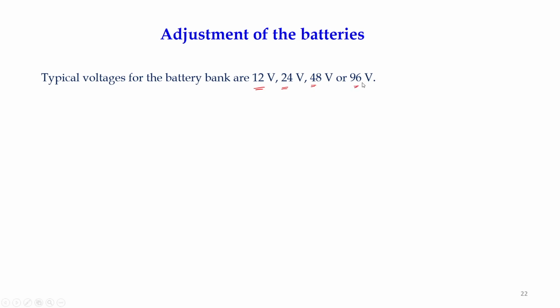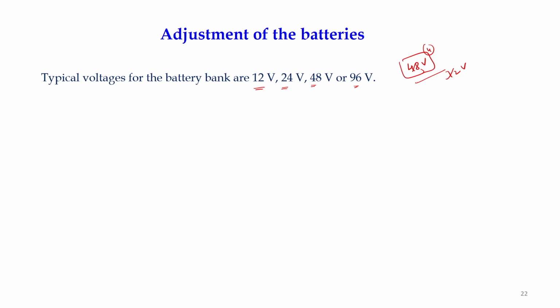Say, for example, if we consider a battery bank of 48 volt and a single battery provides 12 volt, then we can calculate how many batteries are required to be connected in series, right. It will be 4 batteries to be connected in series.